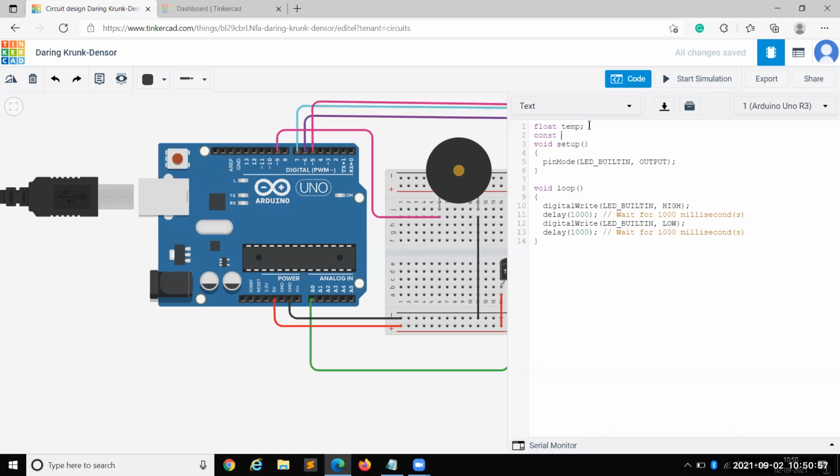And then we are initializing the buzzer. One second.